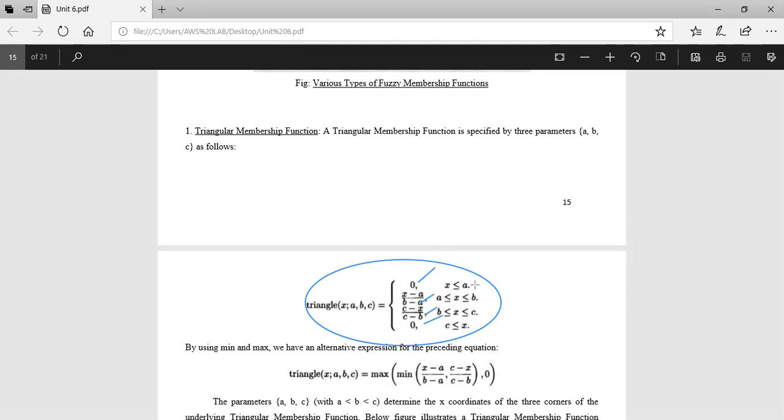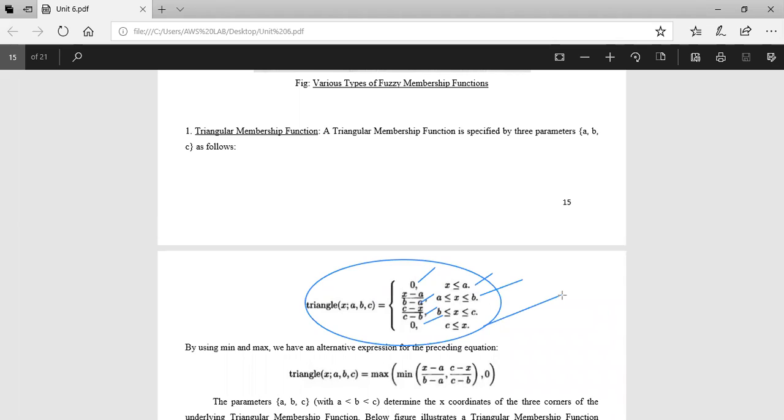So here, 0 when x is less than or equal to a; x minus a by b minus a when a is less than or equal to x less than or equal to b. So x is a value. In the same way, c minus x by c minus b when b is less than or equal to x less than or equal to c. And last, 0 when c is less than or equal to x.